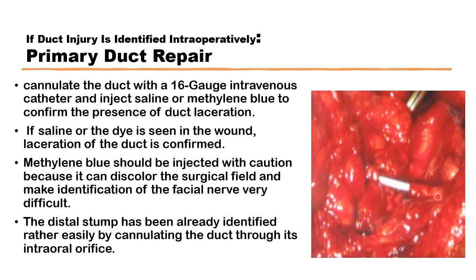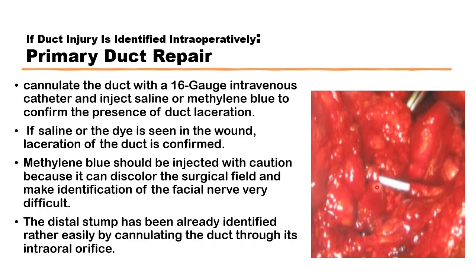It used to be common to inject methylene blue rather than saline into the duct, but this can discolor the surgical field and alter the appearance of the nearby facial nerve branches. So saline injection is actually safer. It's easy to find the oral end of the parotid duct.